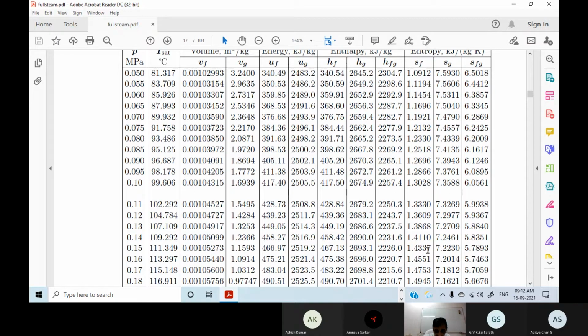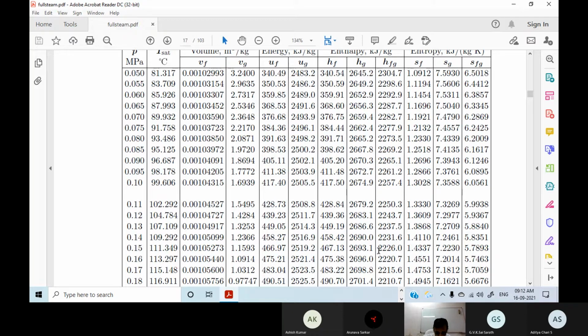If you look back, when we drew the TS diagram for steam, at a certain pressure the entropy increases steadily as you transfer heat to the system, and the material converts from liquid to vapor.